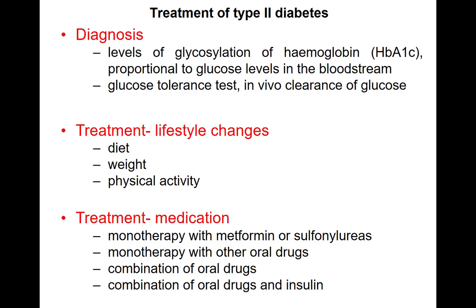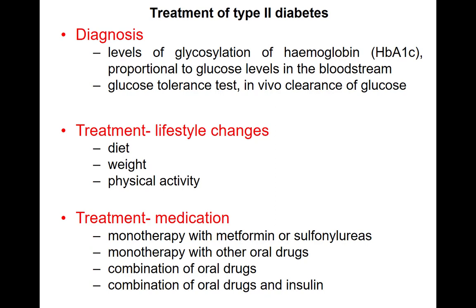Hemoglobin is the oxygen carrying protein in the red blood cells, and over time it will become glycosylated. The longer the lifetime of the protein and the higher the amount of glucose present in the blood, the higher the level of glycosylation of this protein.